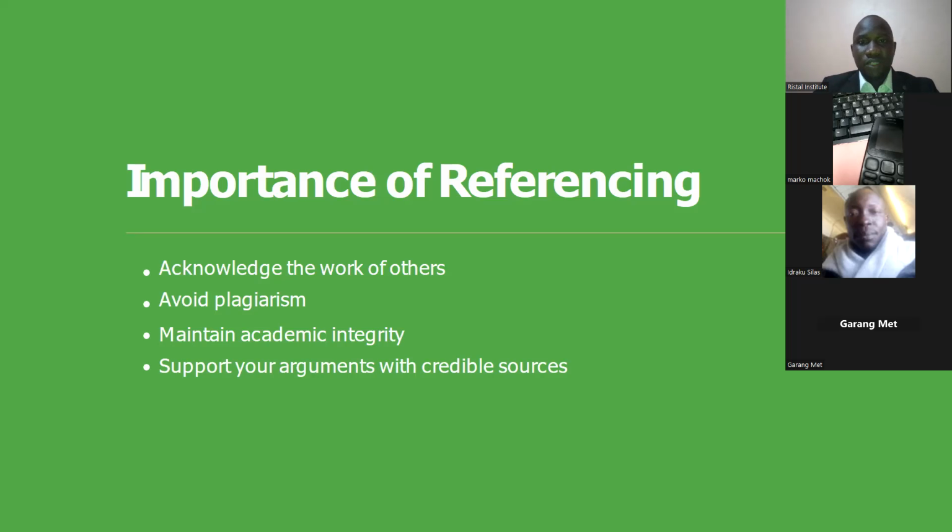So it is actually very important because it actually displays your ability to communicate, work, while acknowledging where you have picked the ideas from. This is very important in academics. It's very important to recognize and even acknowledge the work of other people, such that you don't do what you call plagiarism, which is basically stealing people's information and not acknowledging where you got that information from. It taints the image that you have.